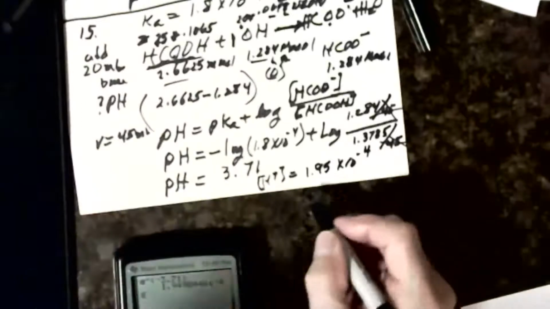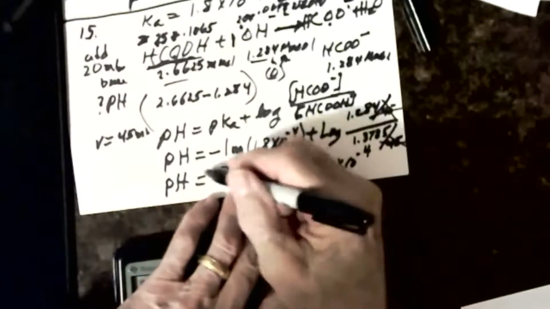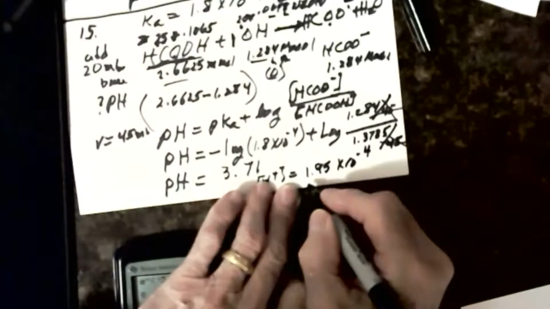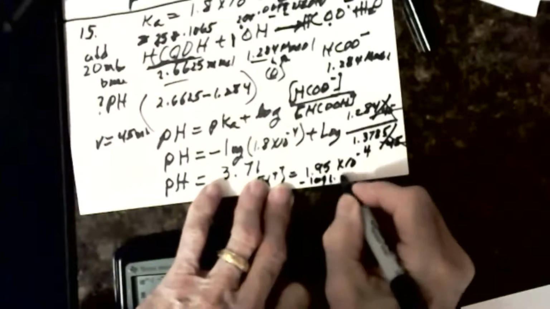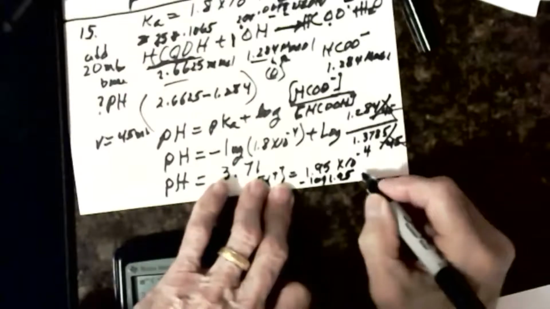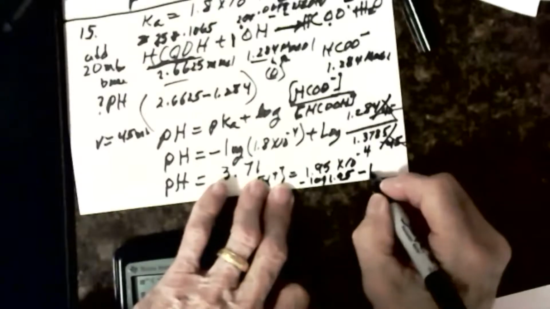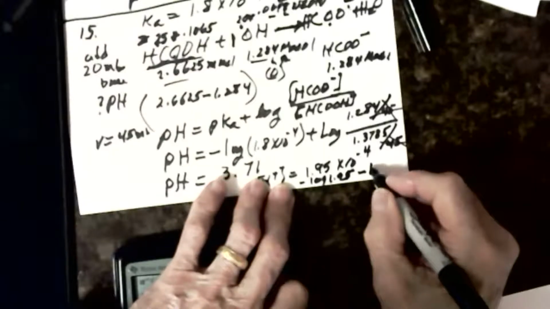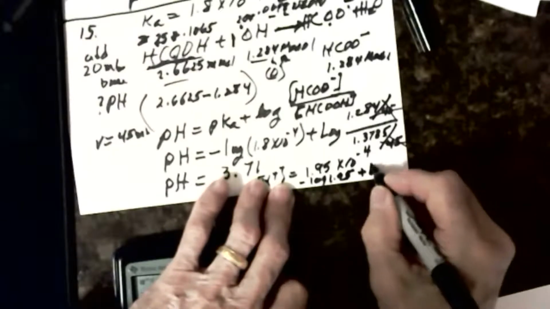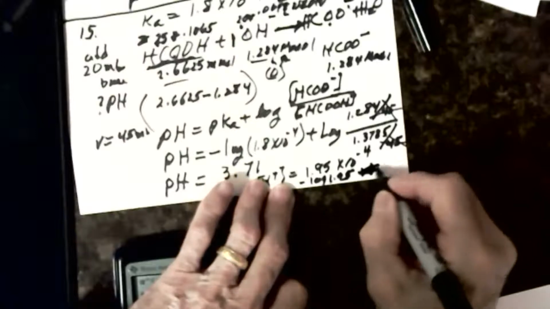Now I want to show you, if I take the log of this to get the pH, if I take negative log, it would be negative log of 1.95 minus the log of 10 to the negative 4, which would be minus a minus, a plus 4.